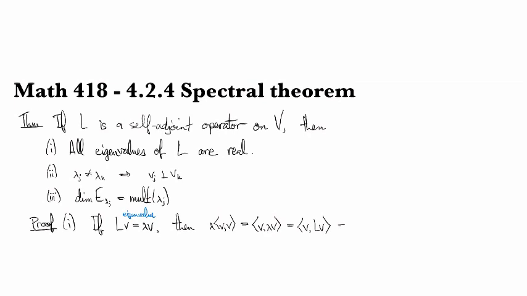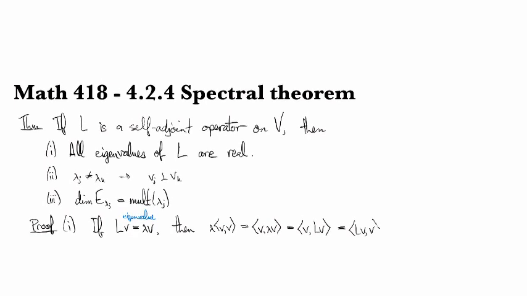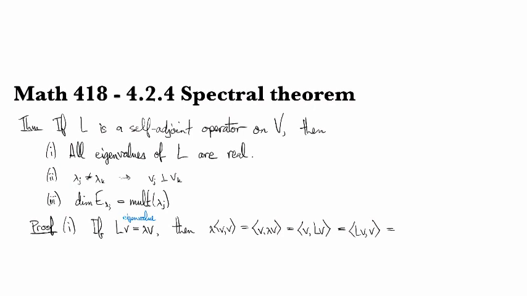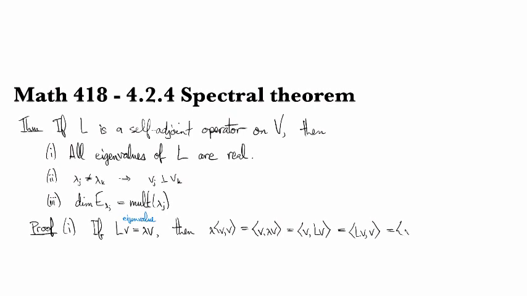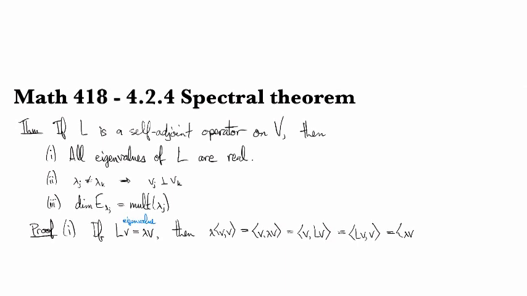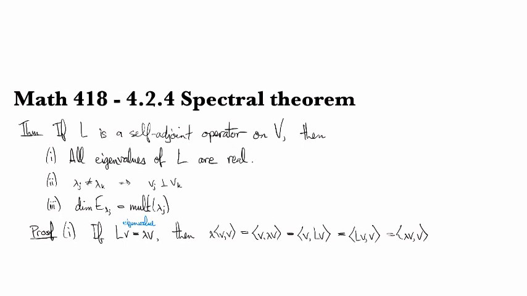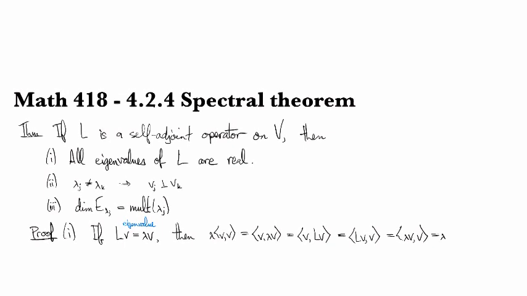Since it's self-adjoint, I can move L to the other side. On the other side, I can use the fact again that V is an eigenvector. And then on the other side of the inner product, when I pull lambda out, it comes out with a conjugate.